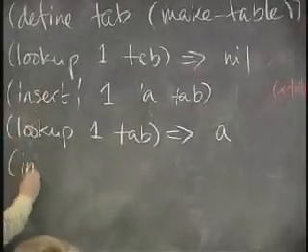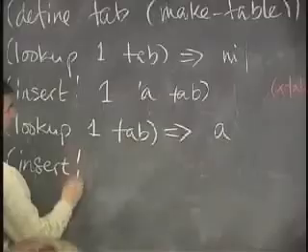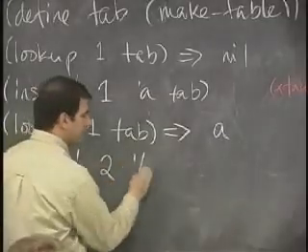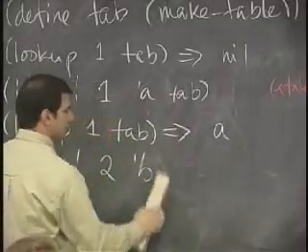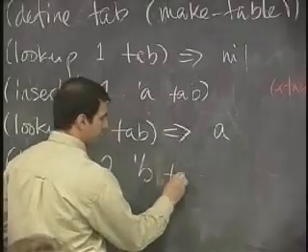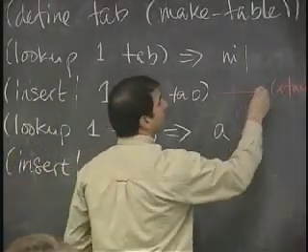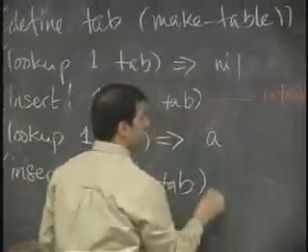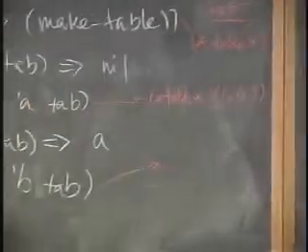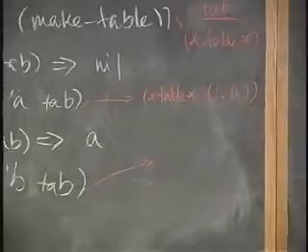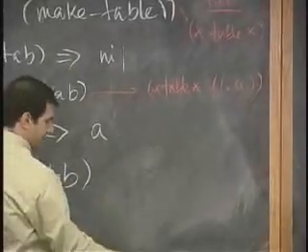Now if we do insert bang of 2 and B, whoops, drop the table again, on tab. What are we going to get? Let me write it down here.